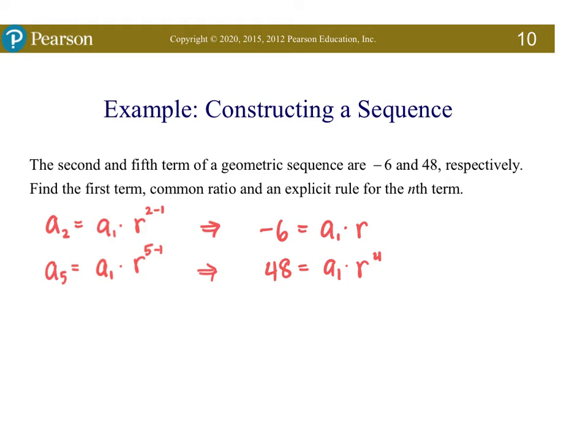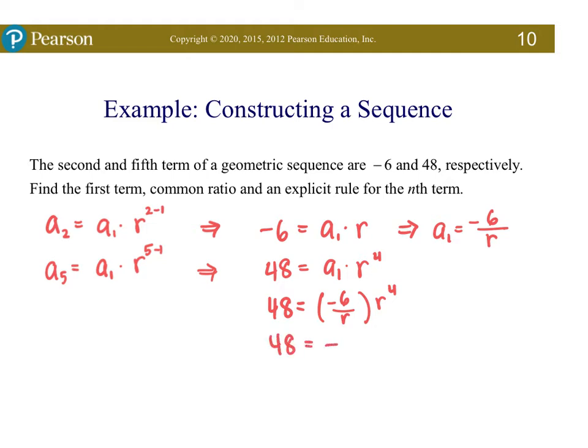Is it possible to solve that simultaneously so that we could figure out what the r value is? Yes. If we get a sub 1 alone, a sub 1 is -6 divided by r. And so I can substitute that into the other equation: -6 over r times r to the fourth.